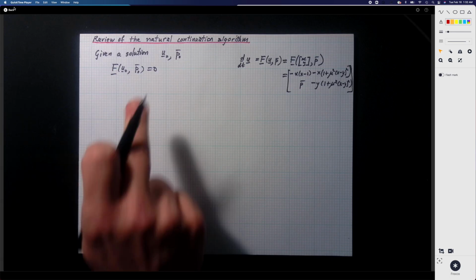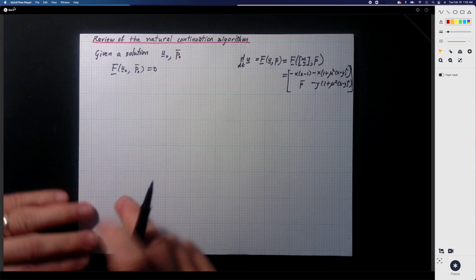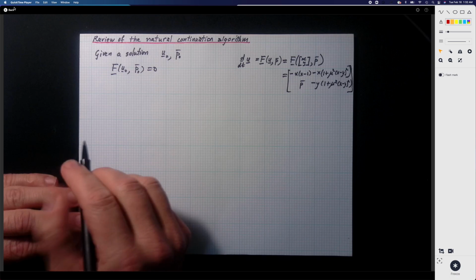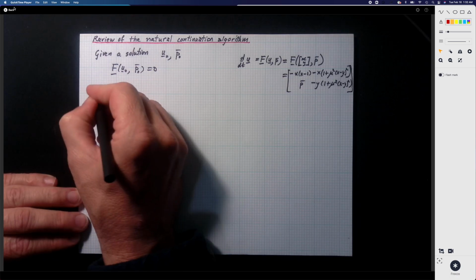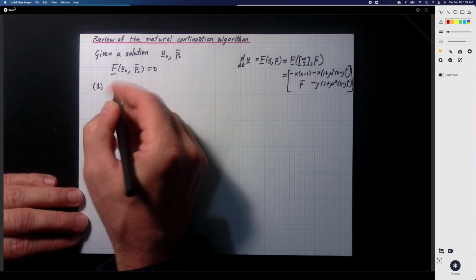All right, so if we have such a point, the first thing we're going to do is try to construct a predictor, and we're going to do that by solving this system of equations.